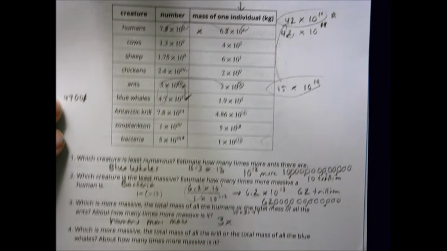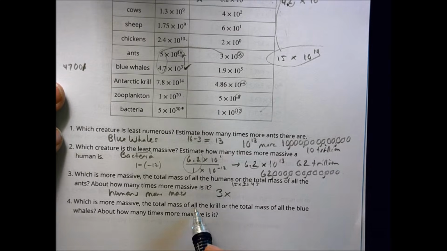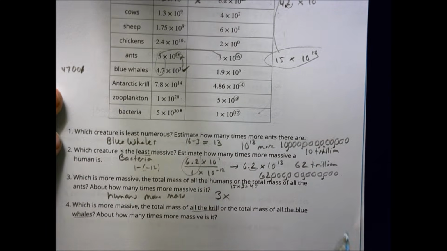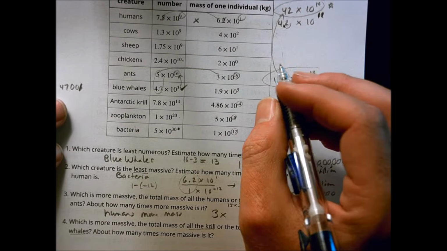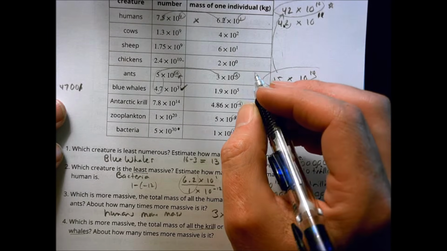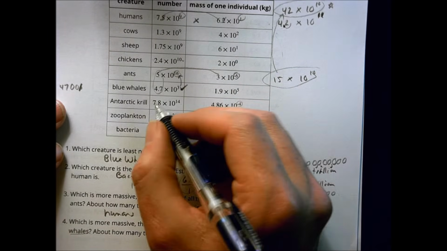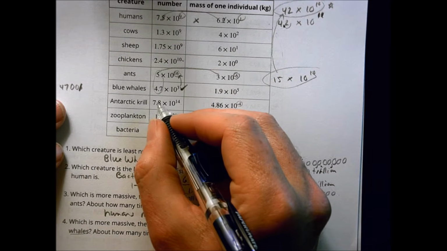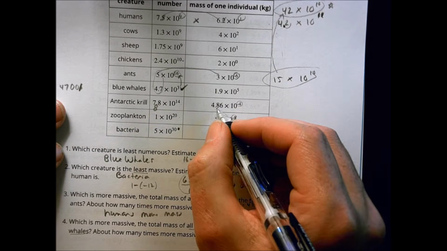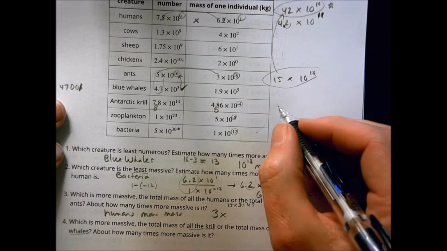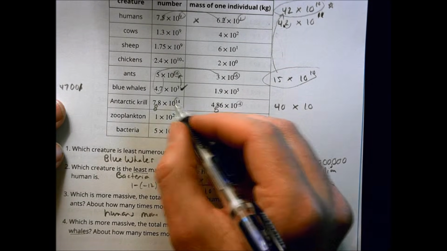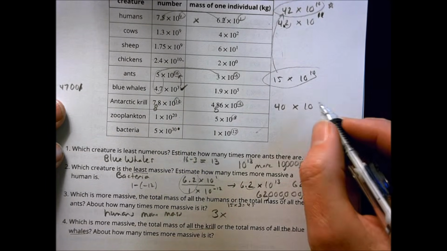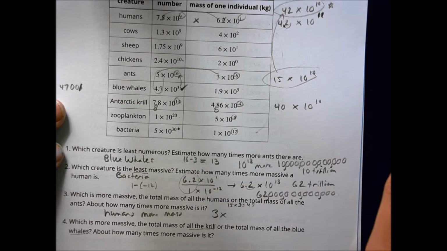All right, and our last one: which is more massive, the total mass of all the krill or the total mass of all the blue whales? So doing krill versus blue whales. For our krill, we're talking about something along the lines of, just estimating, about 8 and about 5. So 8 times 5 is 40, times 10 to the, add this up, 14 plus negative 4 is the 10th power. That's our krill.